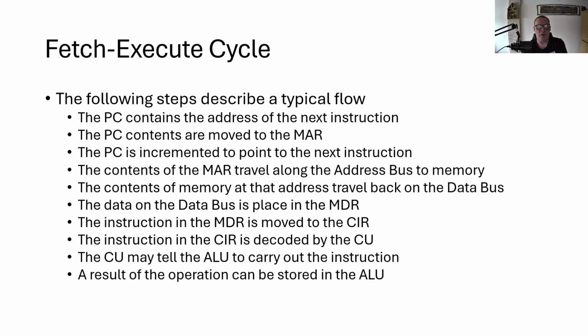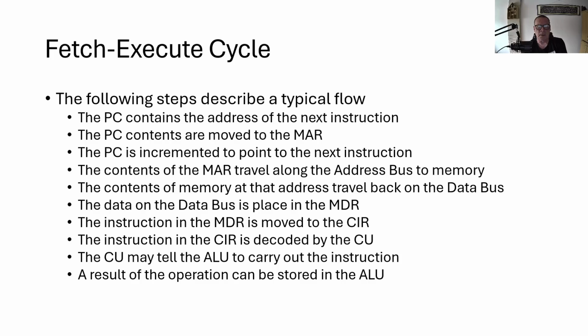The data that arrives back at the CPU from the data bus is placed in the MDR, the memory data register. Sometimes it's referred to as the MBR, the memory buffer register, but it's the same thing. So once the instruction is in the MDR, it can be moved into the CIR, the current instruction register, ready to be decoded and executed.